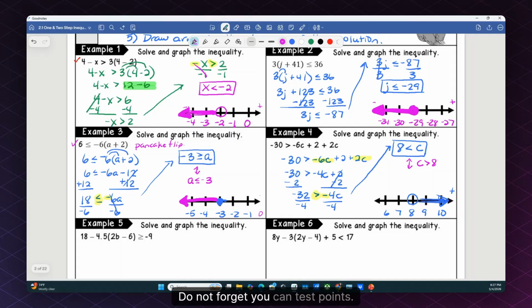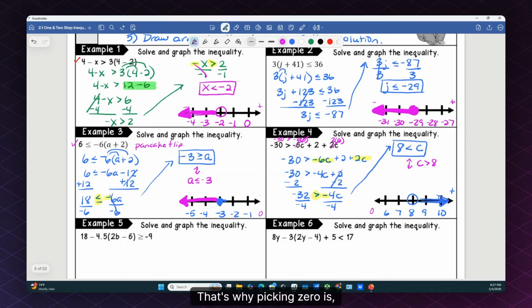Do not forget you can test points. So if 0 is down here, right? Or we could test 10. 10 would be an easy number to test. I can come over here and I can just test this real fast. I got negative 30 is greater than negative 6 times 0. So we know that's just going to drop out. And that's going to drop out because it's 2 times 0.